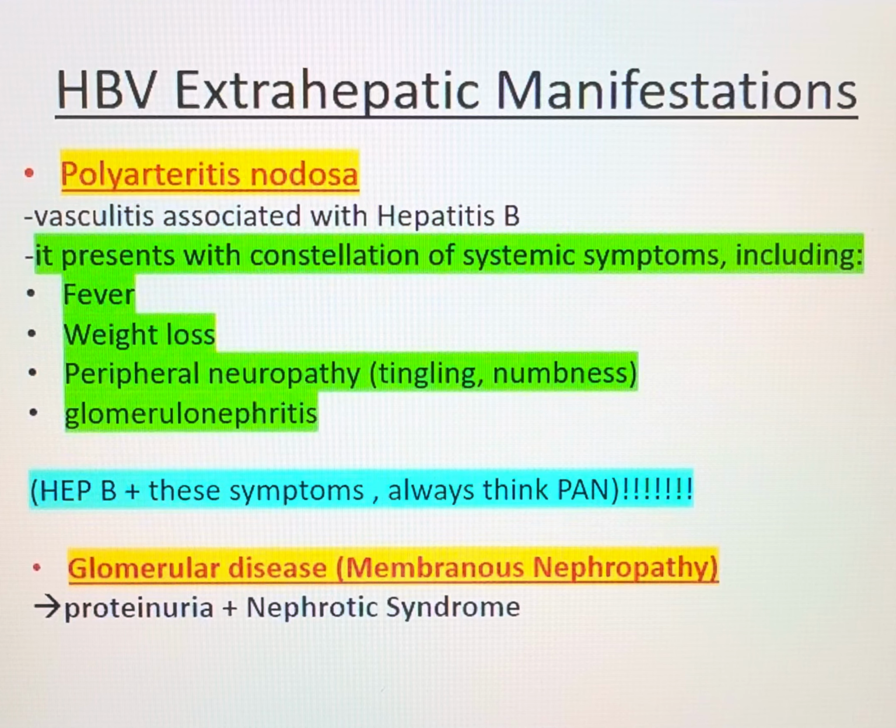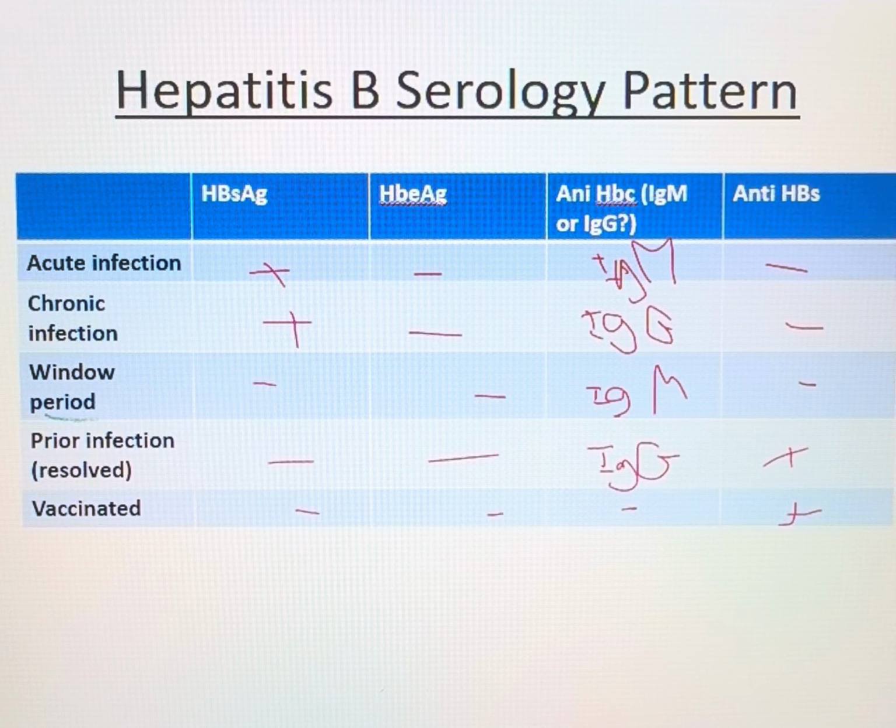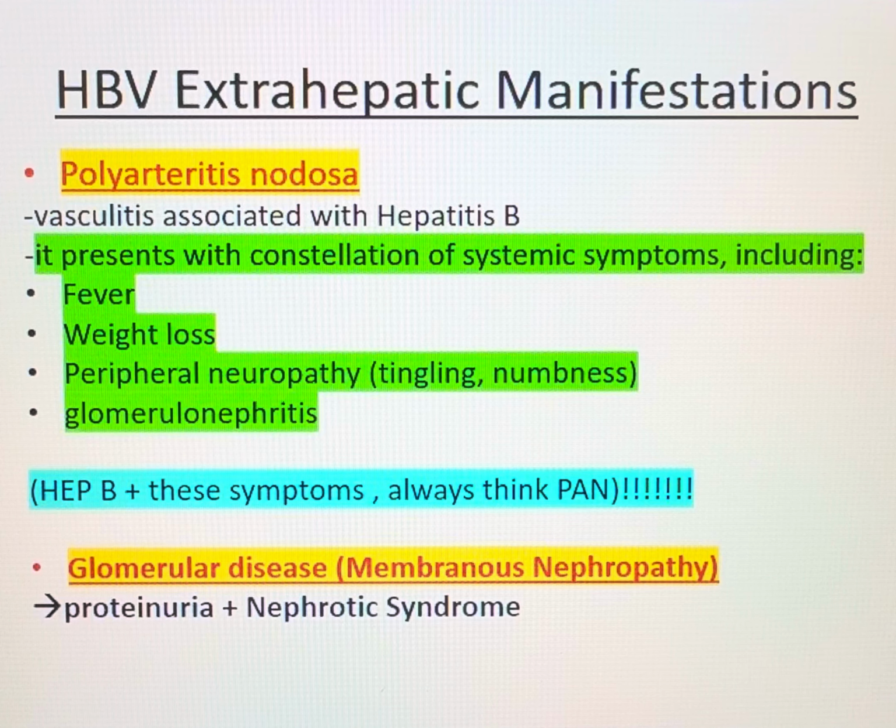Please memorize this table because it is very high yield. Something very important about hepatitis B is that there are some extrahepatic manifestations. The most important one is polyarteritis nodosa.